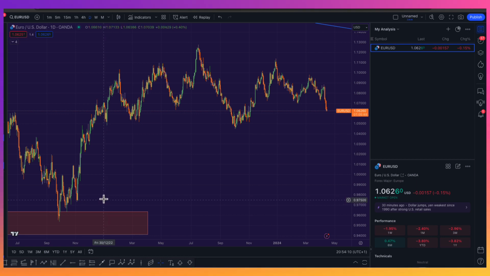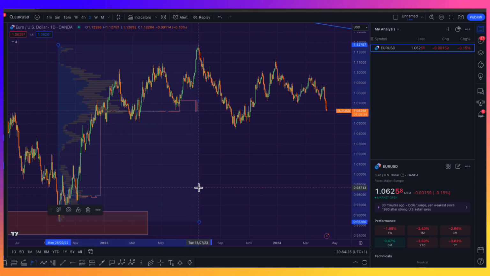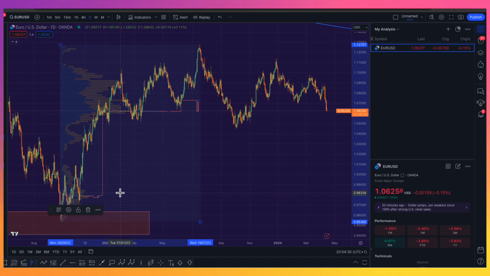Now I'm going to analyze where the market is going. First thing, I'm using the clusters and also the accumulation of the orders. On the order side, if I start looking at the profile of the volumes, here I can see two areas.